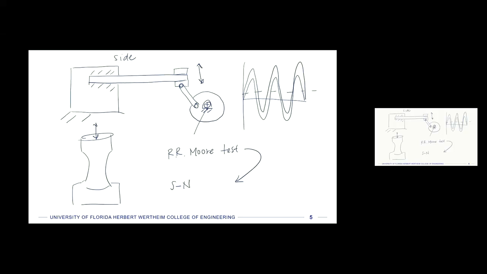That's going to be called the SN diagram, or the Wöhler curve, right? I will draw it in detail on the next page. This is the most basic of design tools for fatigue, and we're going to base everything else we do off of these kinds of diagrams.